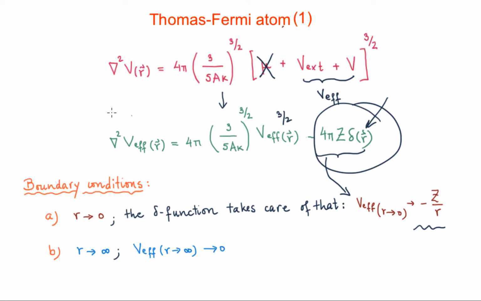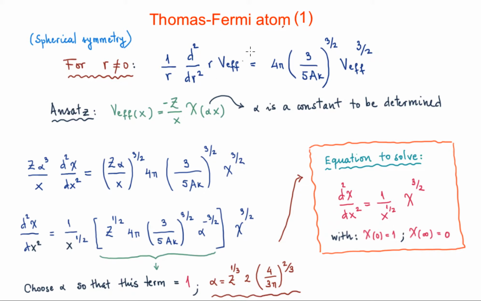So the equation we have to solve at r different from 0 is this equation here, where, considering that the system has a spherical symmetry, the Laplacian gets simpler, and the effective potential is going to depend just on r.